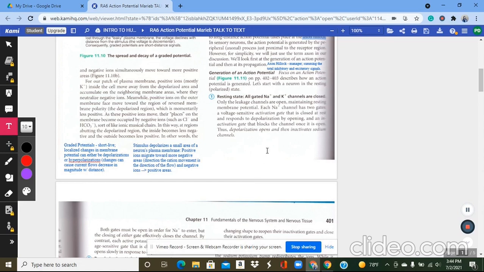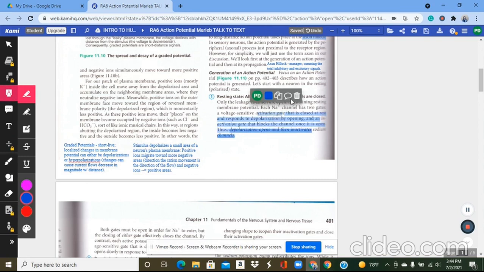Thus, depolarization opens and then inactivates sodium channels. Highlight activation gate and inactivation gate.